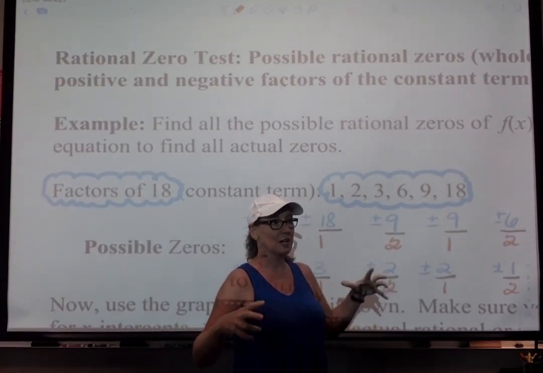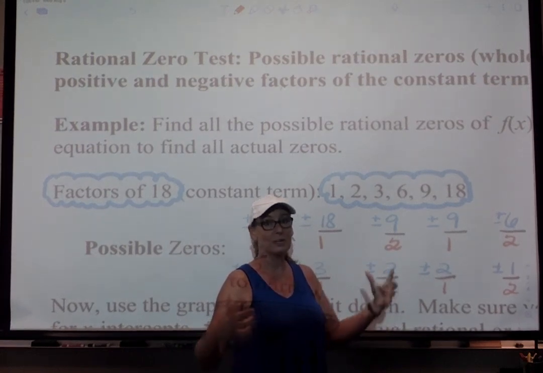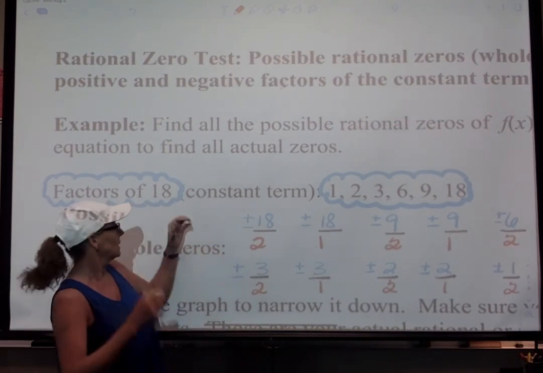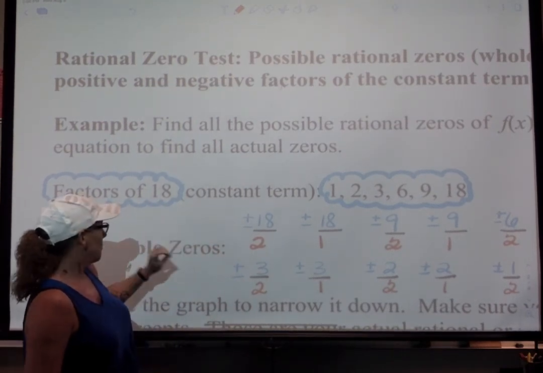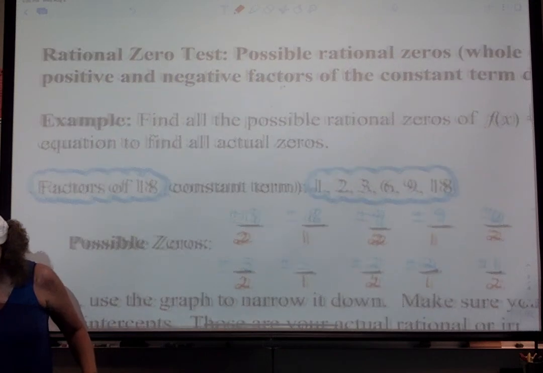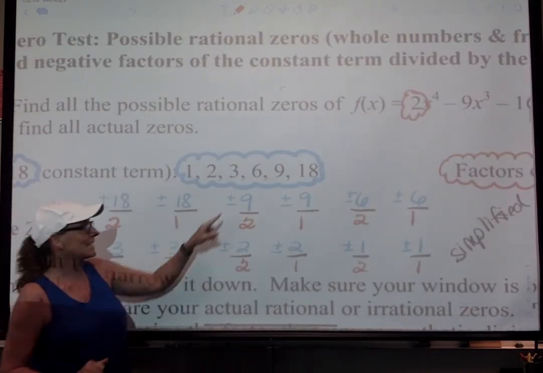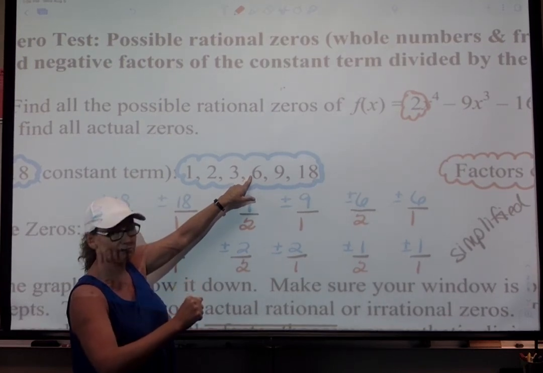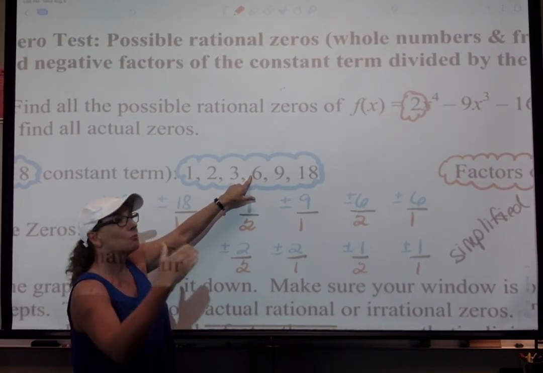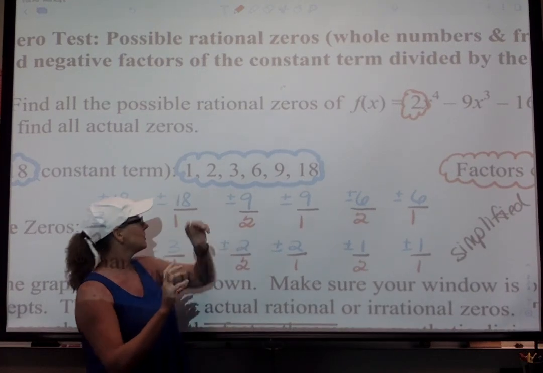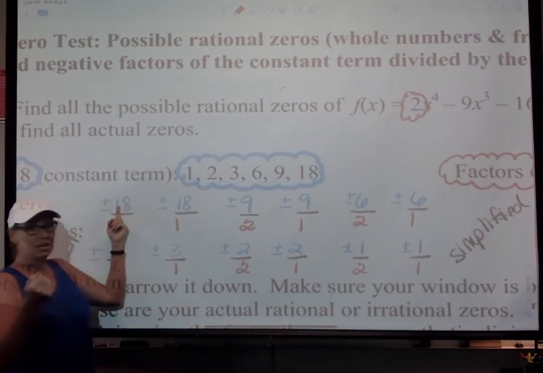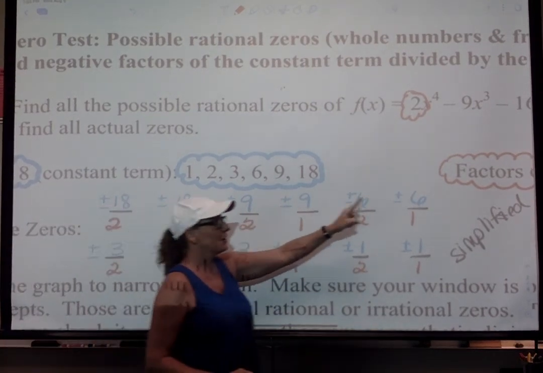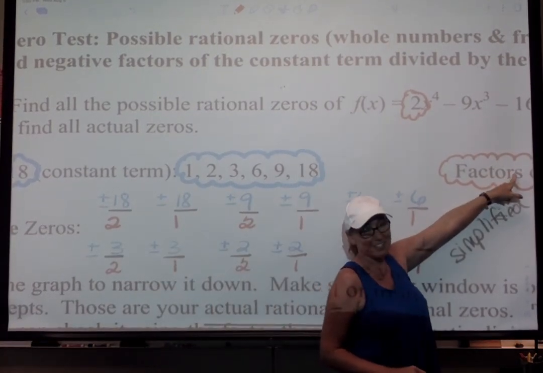Remember, we're trying to find a place to start. Where do we even start? Don't know. Well, here are some possibilities. Possible rational zeros. Here's what you're going to do. Take every single one of your factors of your constant term. Use the positive version and the negative version, and put them all over each factor of your leading coefficient.